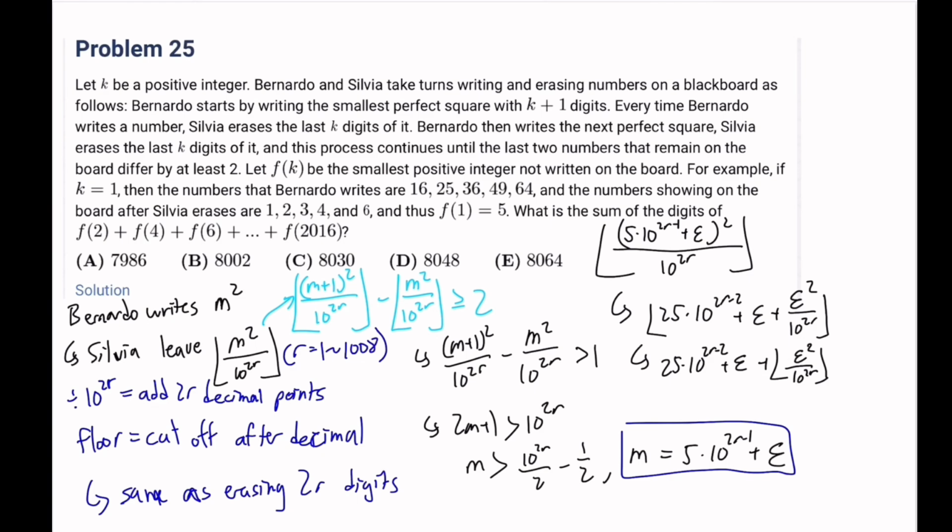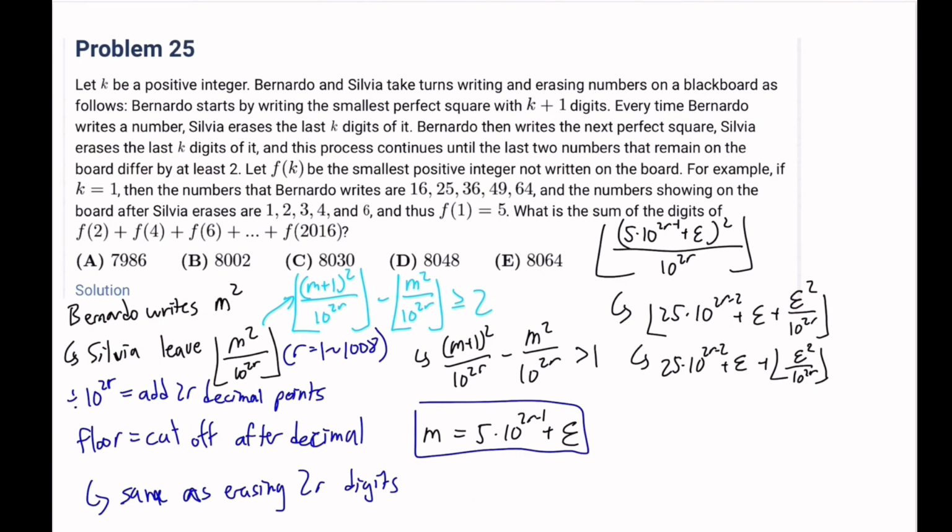We can get rid of this part and move this over there. So this tells us that the difference, the floor of epsilon squared over 10 to the 2r, has to be 1, since they both have to total 2. This gives us that the smallest epsilon value is 10 to the rth power.